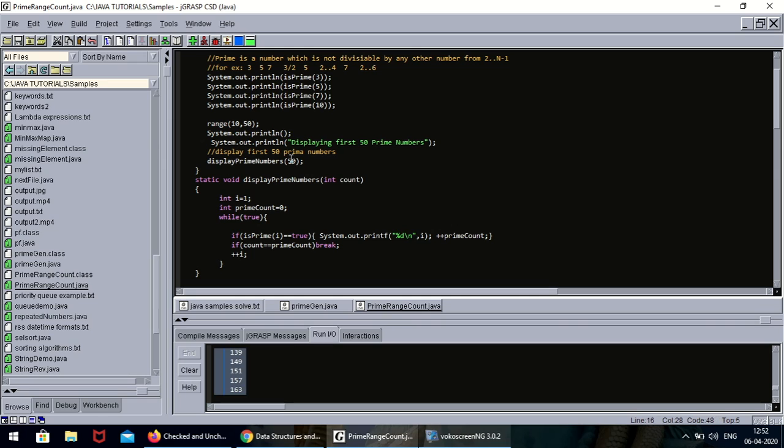Let's display first 100. So the loop should continue for 547. See, 547 times this loop has to be executed.